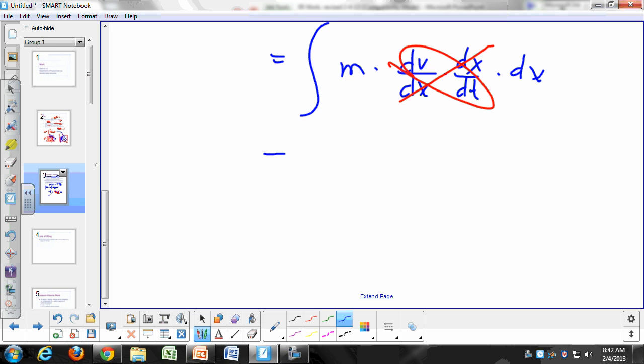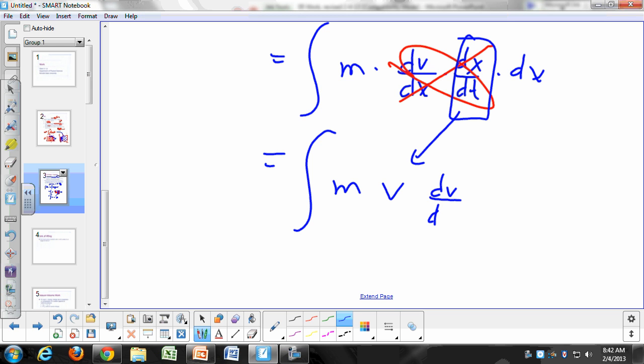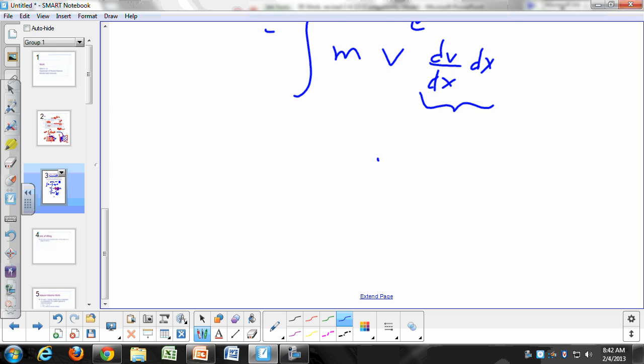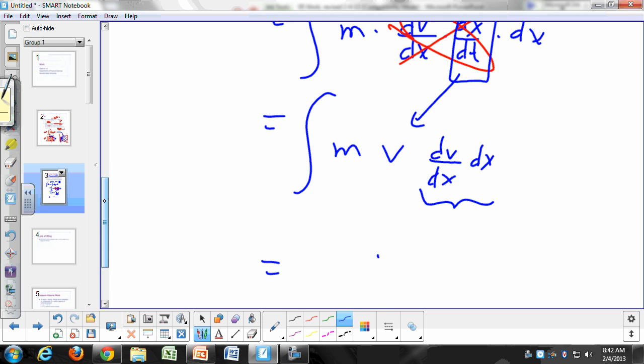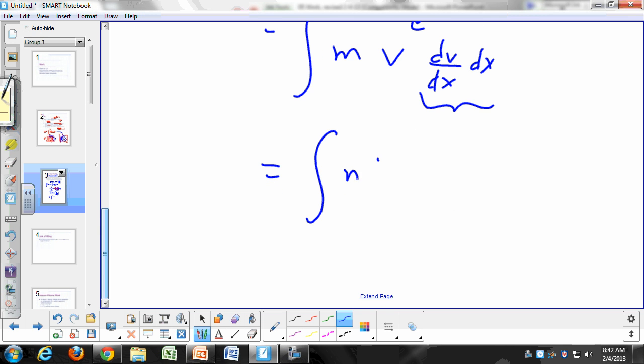So I can rewrite this integral. What's dx/dt? That's just v, right? dx/dt is just v. And so I'm going to write dv/dx times dx. What is dv/dx times dx? It's just dv. So this is just the integral of mv dv.